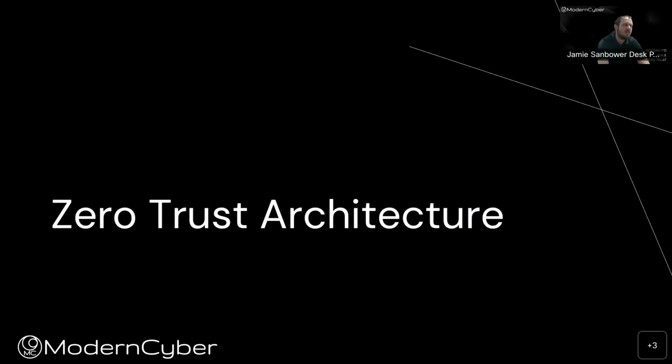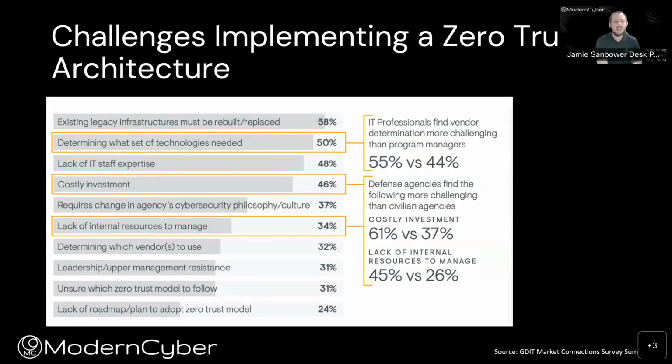The next thing I did want to introduce a little bit more is zero trust architecture. And one of the challenges that we've seen time and time again when it comes to architecture is this ability for organizations to figure out what technology is actually needed in their architecture to make things work from a zero trust standpoint. And while this survey is from GDIT, it's a market connection survey.